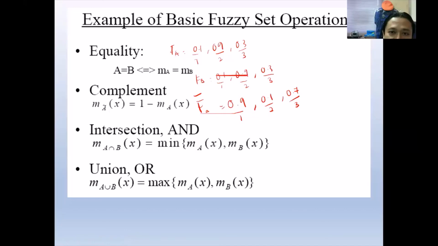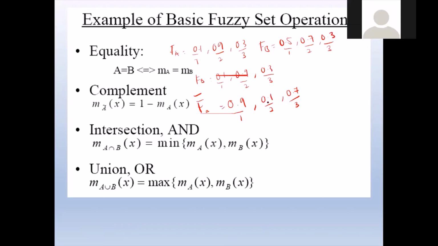And then for intersection, the operation is AND and we have to select the minimum. I will show some examples. Here is fuzzy set A, and then the new fuzzy set B: 0.5 for sequence number 1, 0.7 for sequence number 2, 0.3 for sequence number 3. So for A intersection B, we compare 0.1 and 0.5.